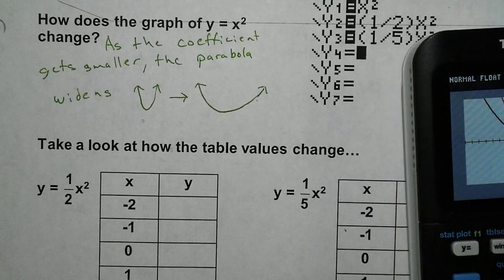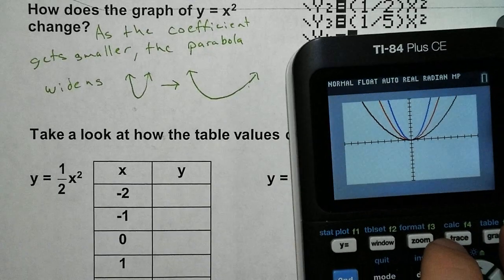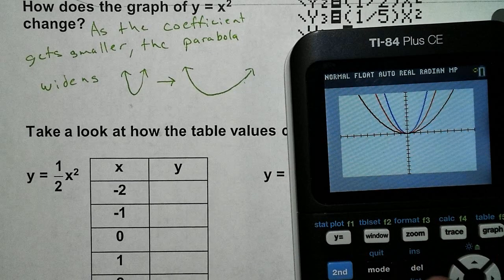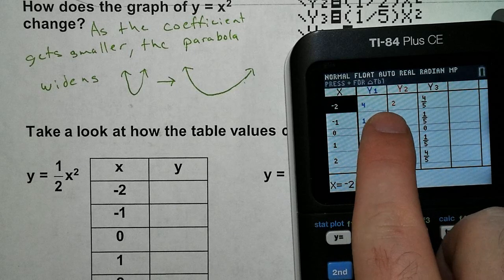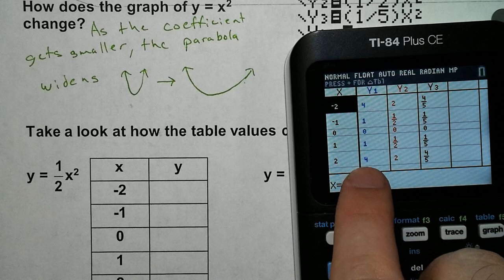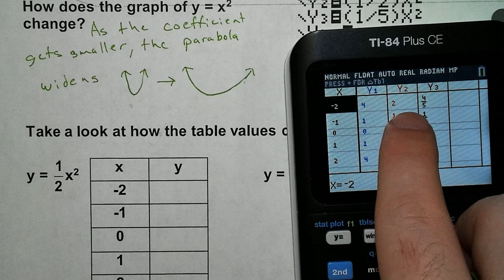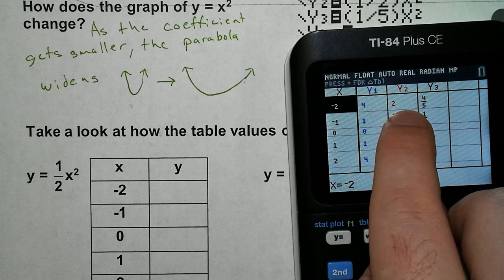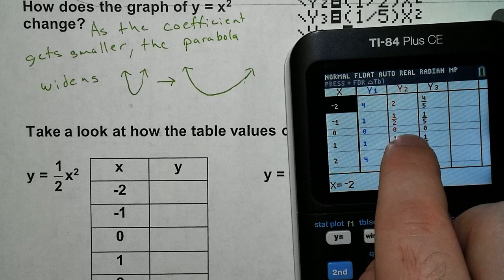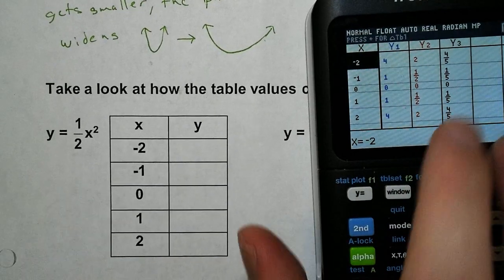Now, let's look and see how the table changes. We already got the graph. Let's go to the table. Second graph. At -2, we still had 4, 1, 0, 1, 4 from the regular one. From the second one, from the 1/2, which is the red line, we got 2, 1/2, 0, 1/2, and 2.